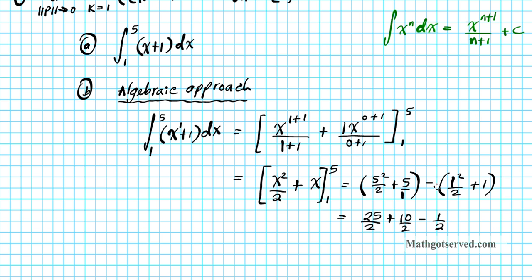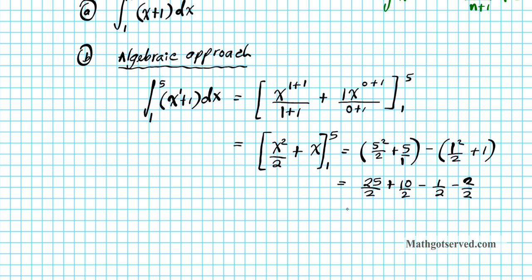And then if you distribute this minus to this plus, minus, if I express 1 as a fraction of 2, this will be 2 over 2. All right? And then if we simplify that, we're going to have 25 plus 10, which is 35, minus 3, which is 32. 32 over 2, which reduces to 16.